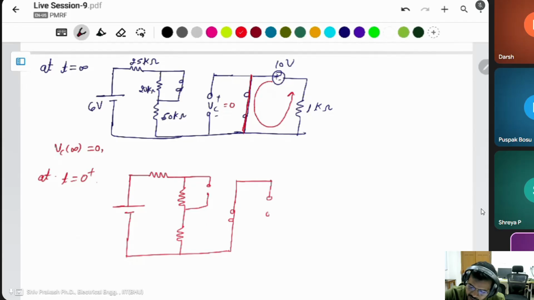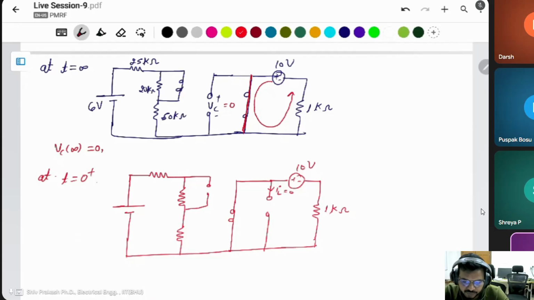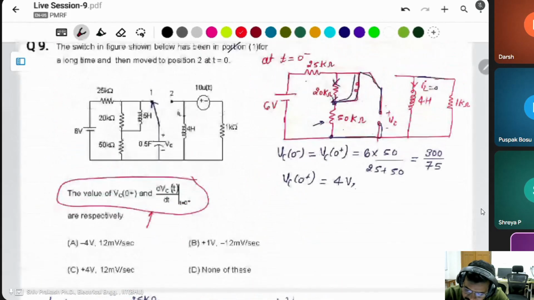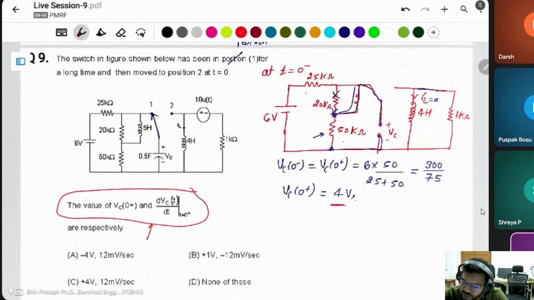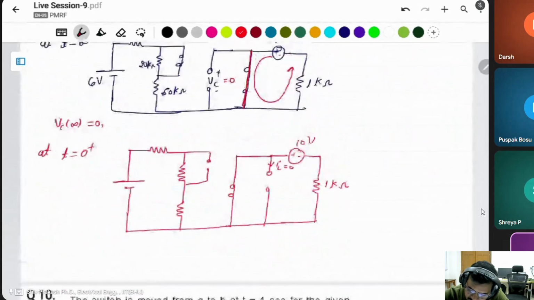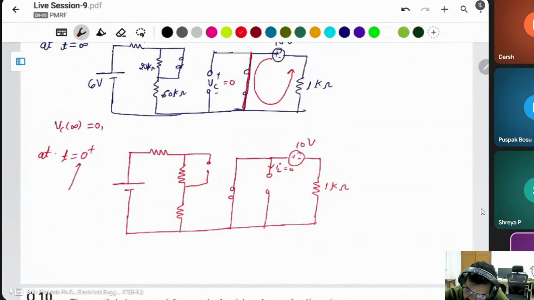Again there is an inductor, open circuit. This voltage is coming into the picture, 10 volt, 1 kilo ohm. This is IL into 0 only. But the capacitor has an initial voltage of 4 volt. Then we have to put the voltage source, because this is the initial condition at t equal to just after 0. Then after this it will be short circuit. This voltage is 4 volt.